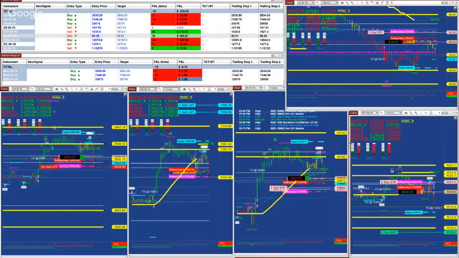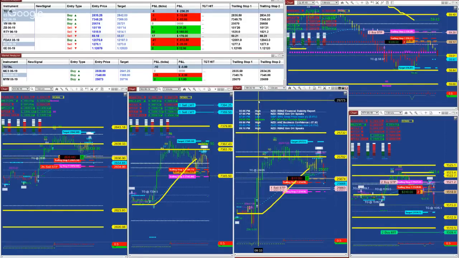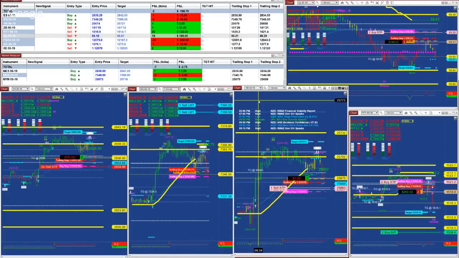We are about to have a new signal on the Nasdaq, and a new signal on all of them. Actually, the whole market is changing direction. Jesus, just a second ago we had everything running fine, and now we are changing direction. So hold your horses a little bit. Let's see what's going on.